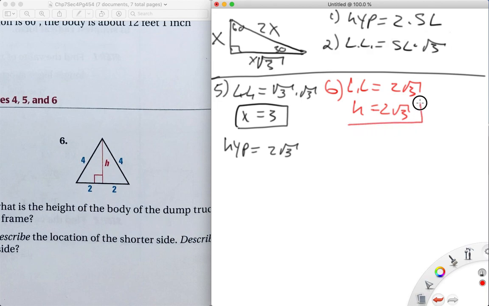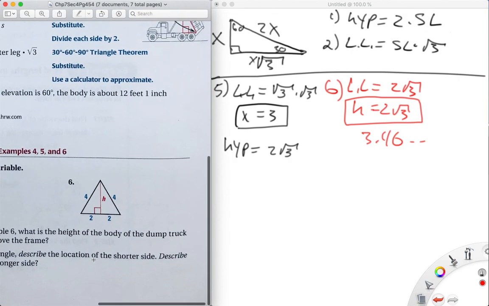Now you can keep it in radical form. I'm keeping them in radical form, but if you want to turn it into a decimal, you can. 2 times the square root of 3 is 3.46. I will take either answer. It doesn't bother me. All right.